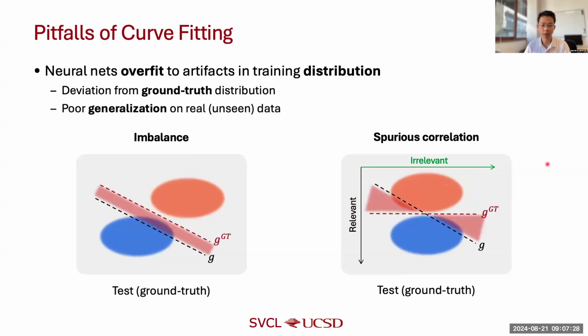And exactly because neural nets are so good at learning representations and optimizing on distributions, the features they learn can overfit to these artifacts and fall apart when tested on real unseen data. This phenomenon is known as distribution shift or dataset shift, and it serves as a foundation for understanding all bias and fairness problems in machine learning.